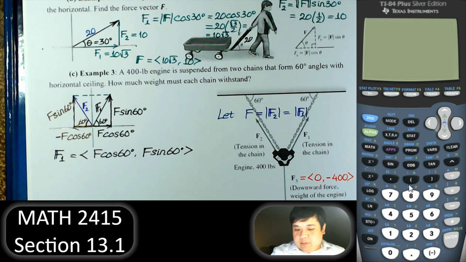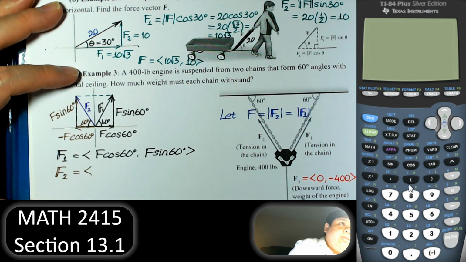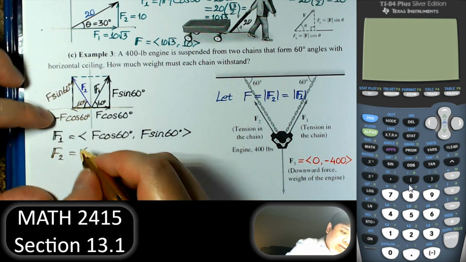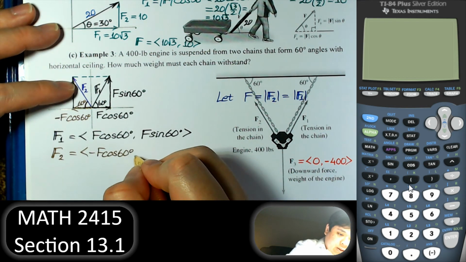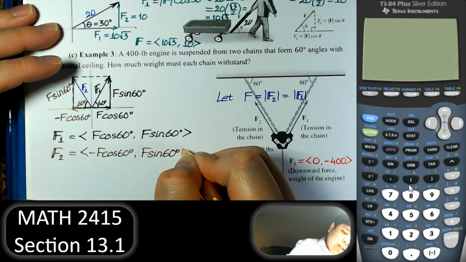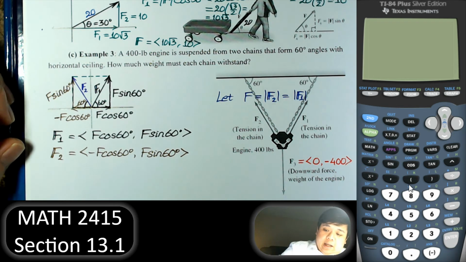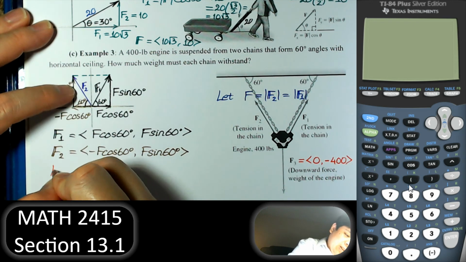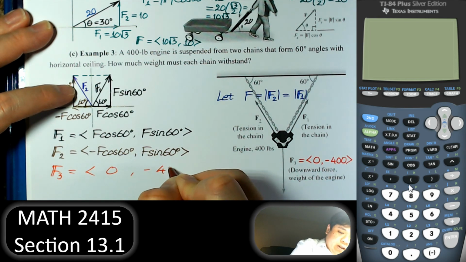F2 is negative F cosine of 60 degrees, and then F sine of 60 degrees. And then F3, we already said that's 0, negative 400.